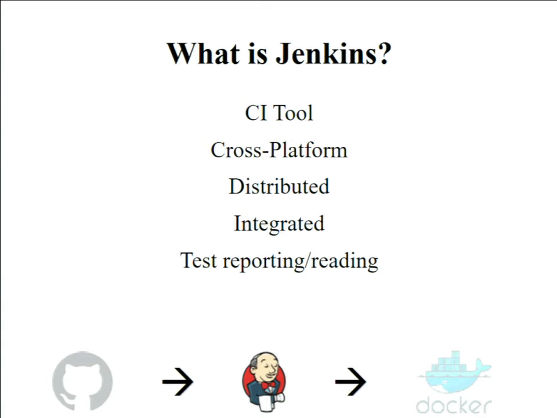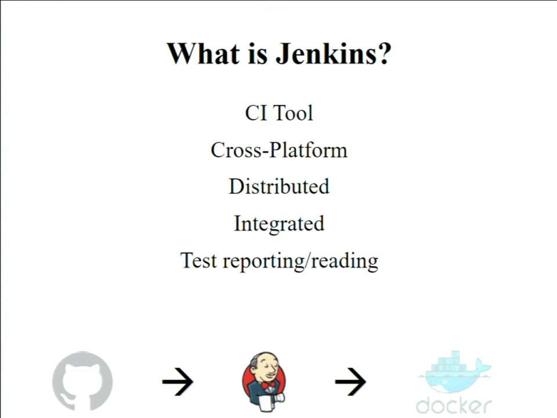So what is Jenkins? Jenkins is an open source integration tool for building and testing projects. It's cross-platform, so you can run on Windows, Linux, or OS X, depending on what environment you need. What we have is a Jenkins master, and multiple Jenkins slaves under the master.